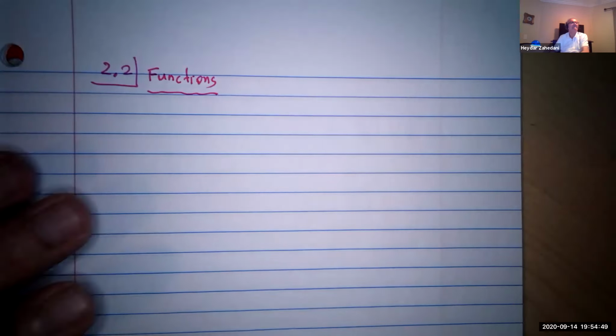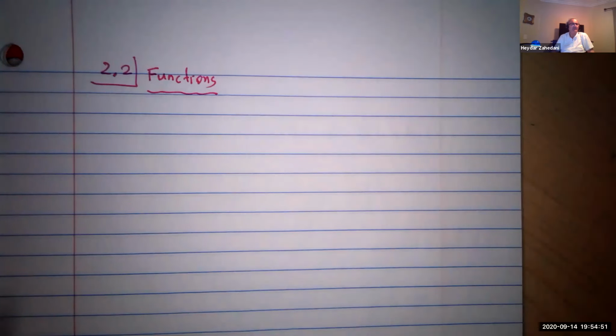Now, the functions are the most important part of mathematics, if you like. Let's see what the functions are going to be. Make sure you understand whatever I'm going to do in this section. Any question, you let me know. I will stop and explain it. Okay, what is a function? There are different ways to define it.